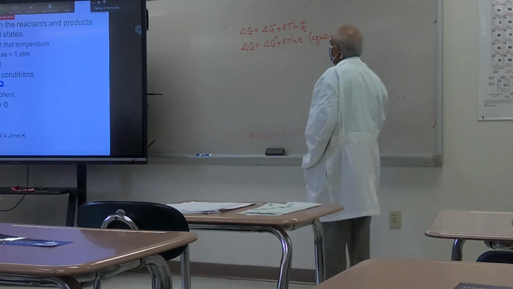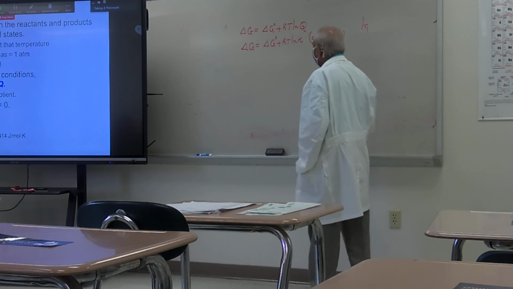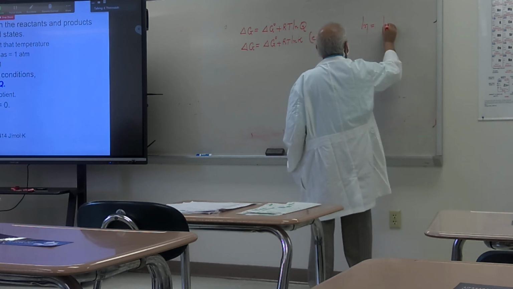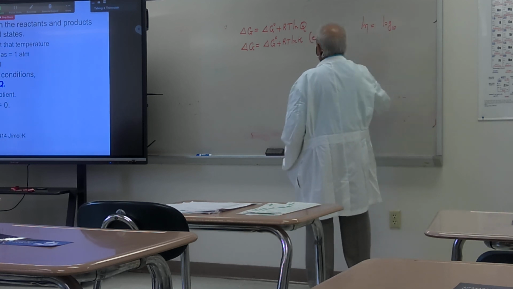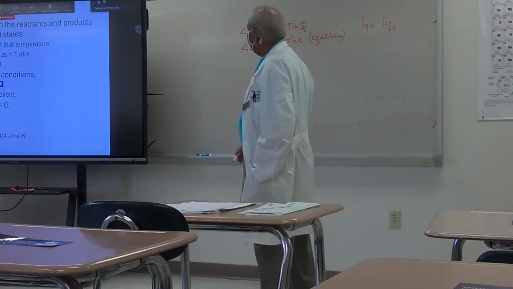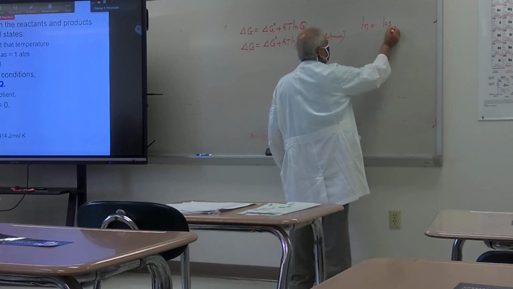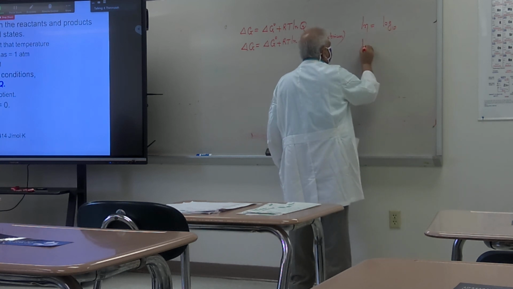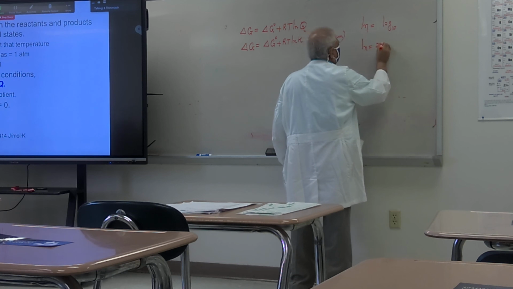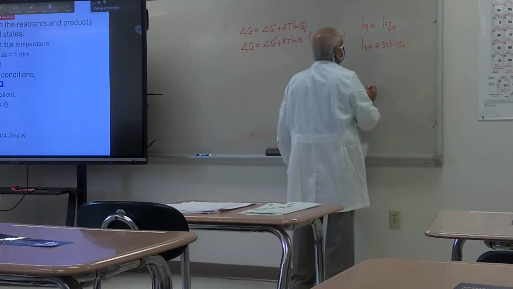And also I have told you, if you have a natural log value, you can convert this to the log to the base 10. ln is the natural log. How do you convert this? Natural log to log base 10, this is the relationship: ln equals 2.303 log to the base 10.